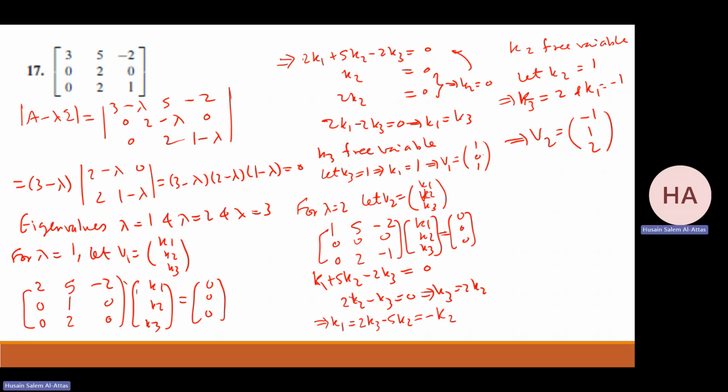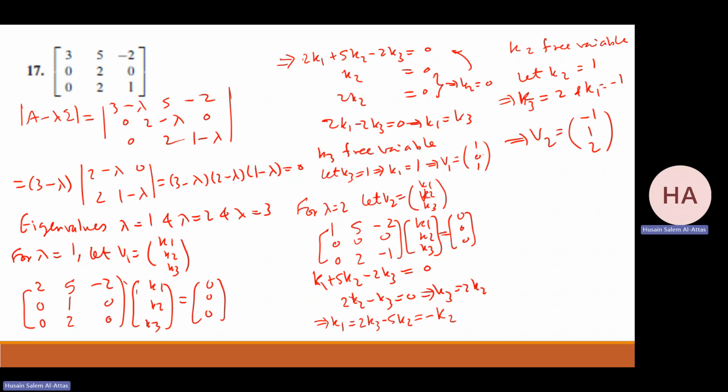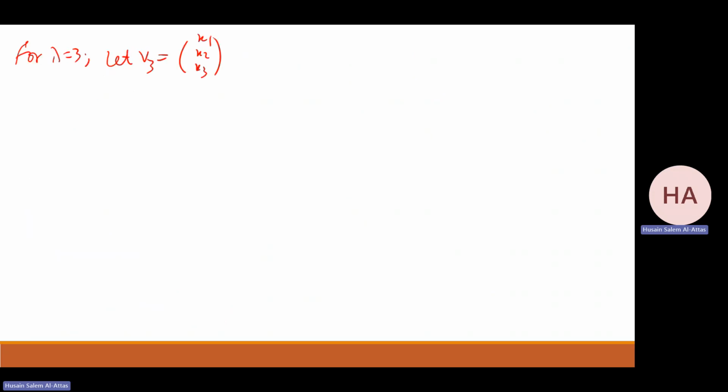Okay. Now I need the last one, lambda equal 3. Now for lambda equal 3, I let v3 be k1, k2, k3. I solve the system. I have 0, 5, minus 2. Next one is 0, 2 minus 3, which is minus 1, 0.